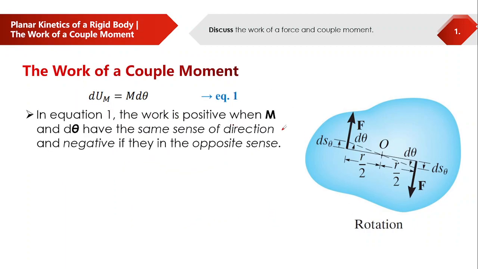In equation 1, the work is positive when M and d theta have the same sense of direction, and negative if they have opposite sense. It's the same rule of thumb when dealing with the sign of the work: it is positive if the direction of the moment or force has the same sense as the displacement, and negative if opposite.